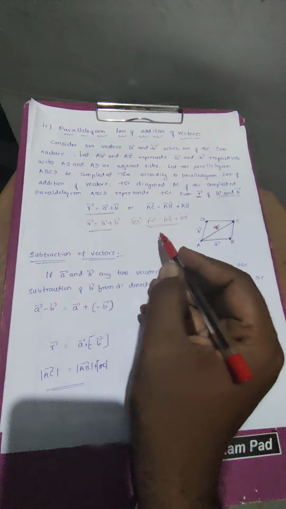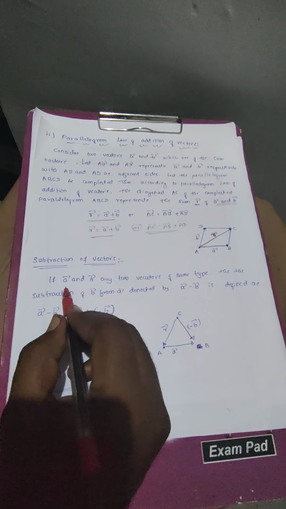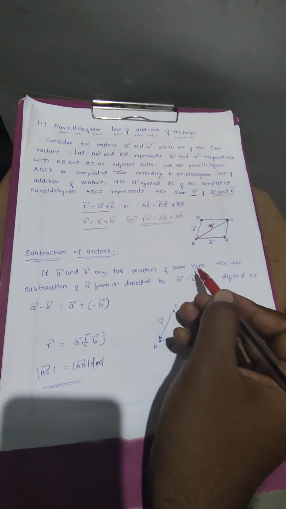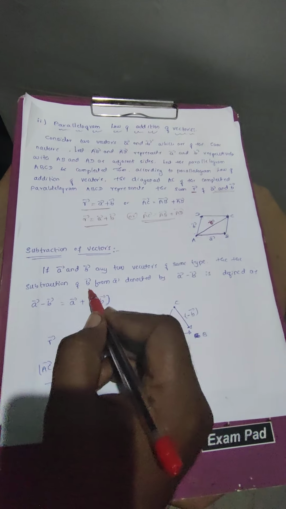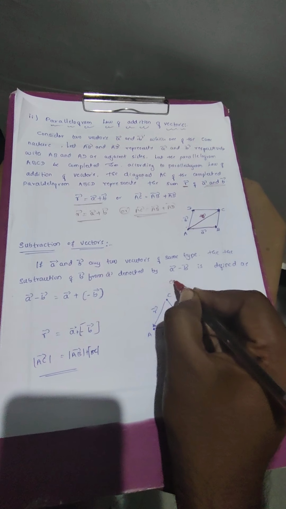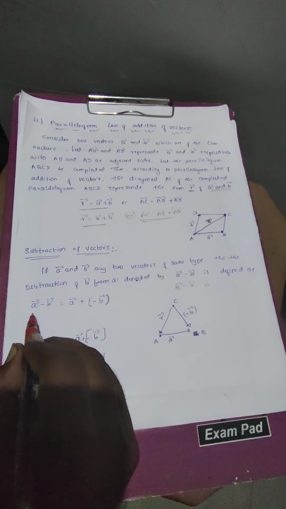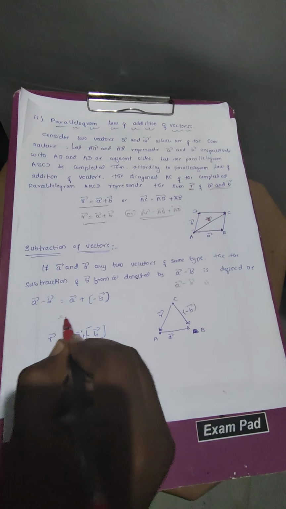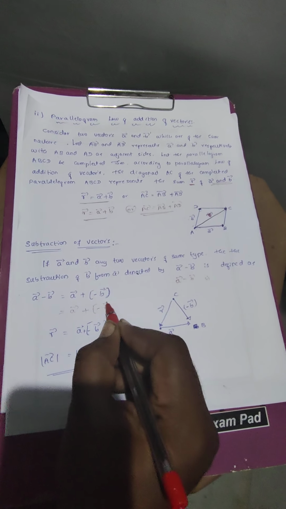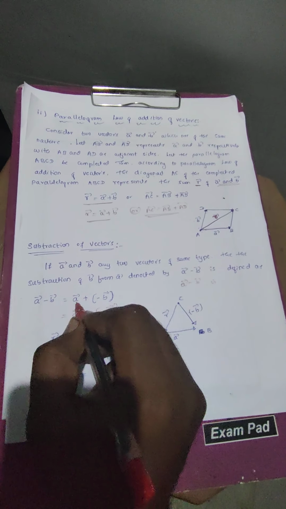After the addition of two vectors, now we can see subtraction of vectors. If vector A and vector B are any two vectors of the same type, the subtraction of B from A, denoted by A minus B, is defined as vector A minus vector B equal to A plus minus B, because the magnitude is the same but the direction of vector A and vector B is different.